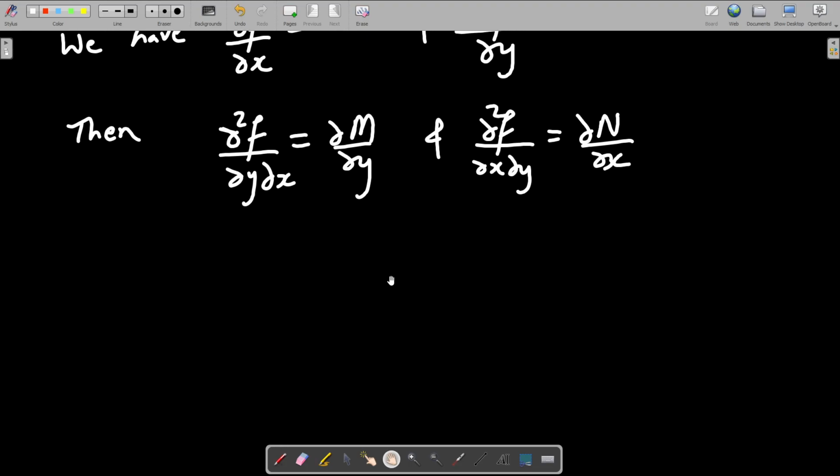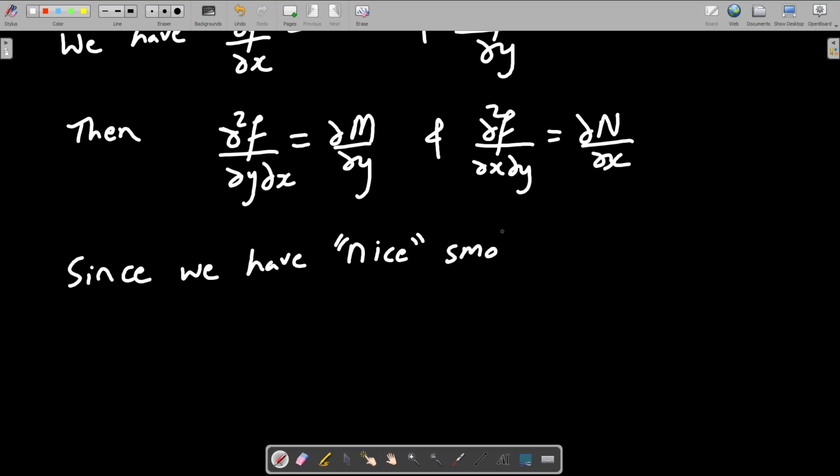Since the functions are nice, nice means they satisfy the condition of the theorem above. So we have nice smooth functions. Smooth means basically they are differentiable. I'm not getting into the details of this condition. Smooth functions, continuously differentiable functions, are called smooth.